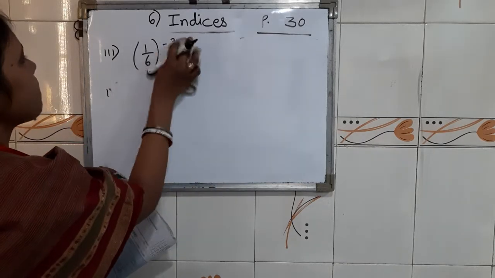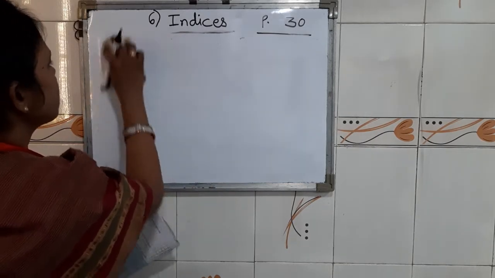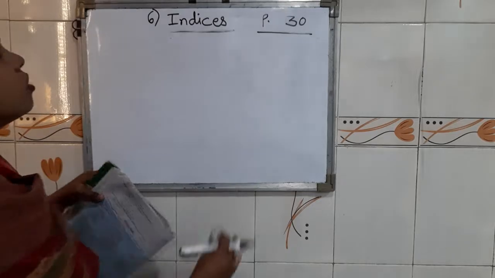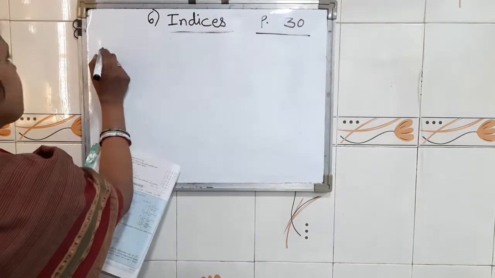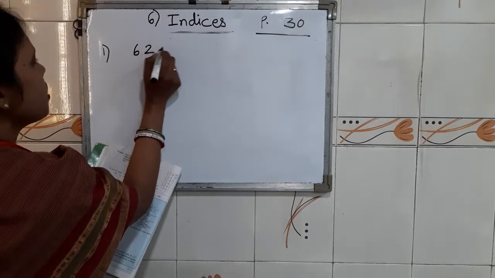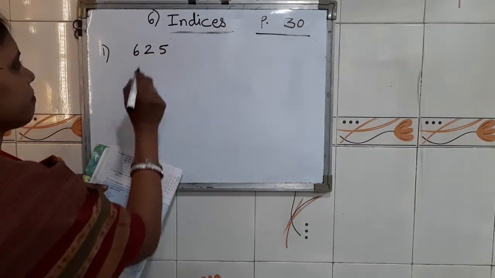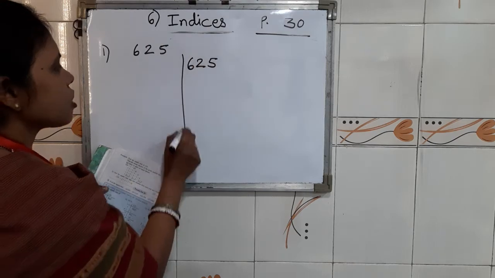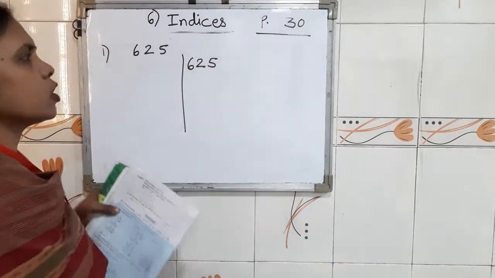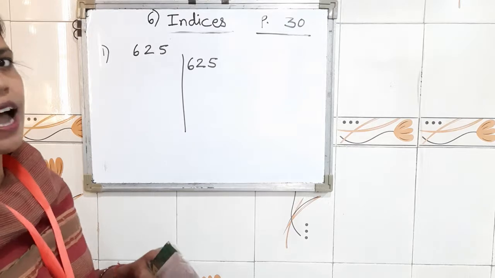So, in our practice set 30, we are going to find the square root of 625. First question, 625. So, children, we will find the factorization of 625. As we know, in the unit place 5 is there.